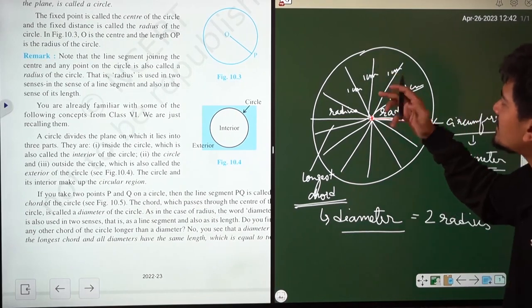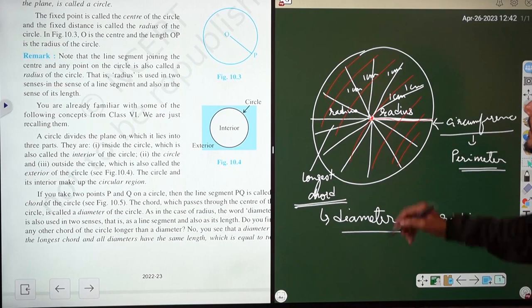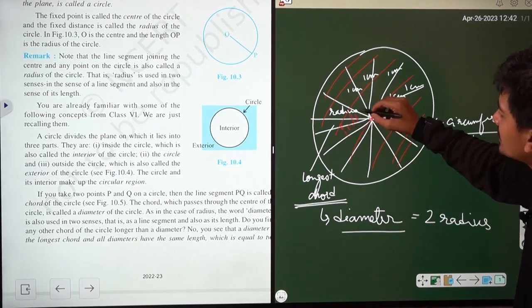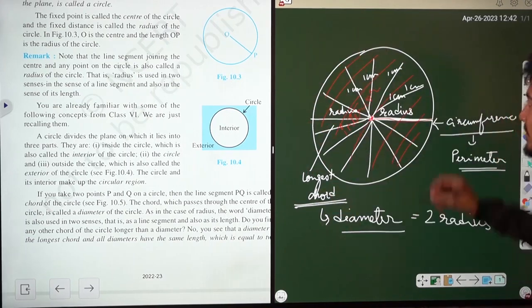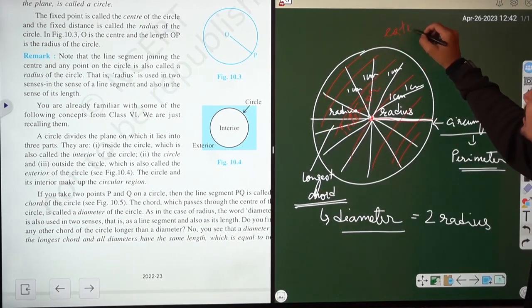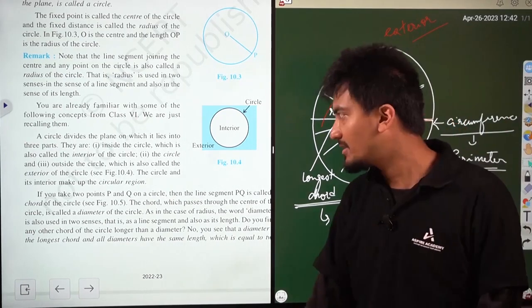So this whole inside part we call the interior of the circle, and the outer part we call the exterior of the circle.